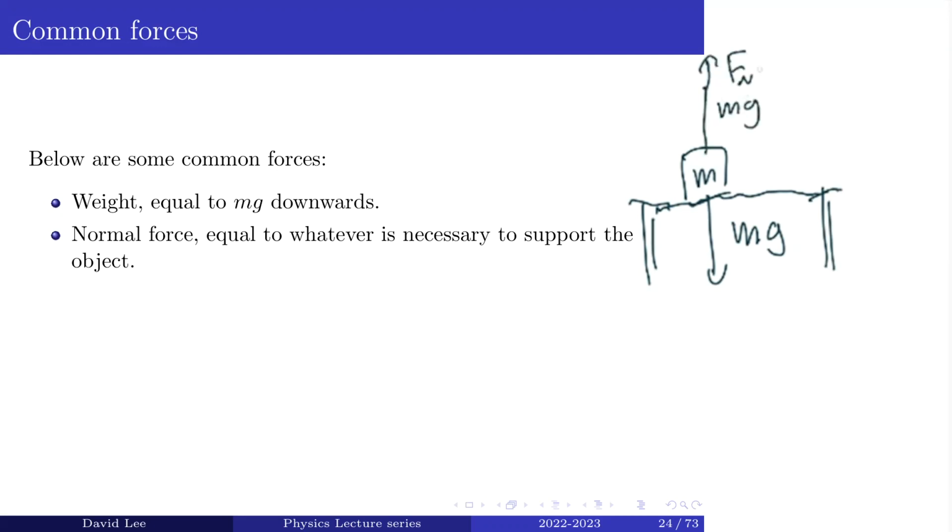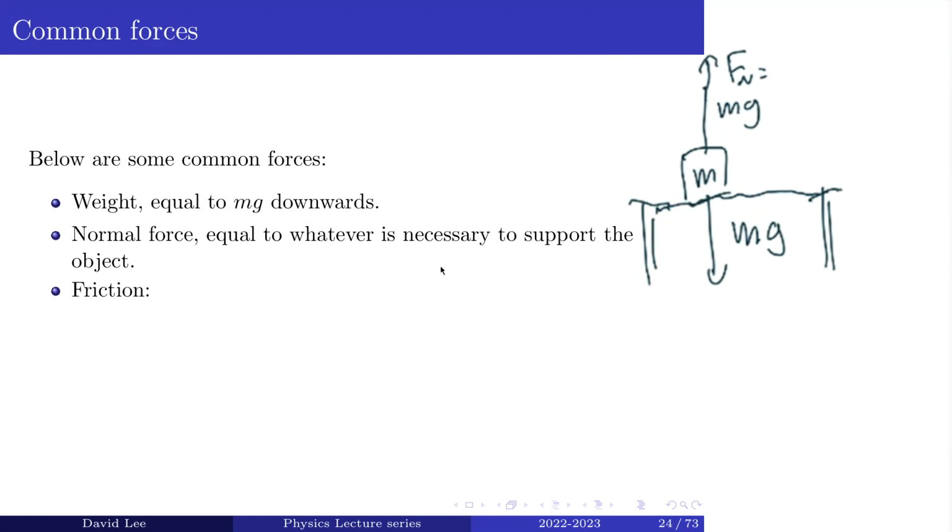And it has to be mg because otherwise the box will either fly off into space or sink through the table. So either of these cases don't really happen. So we know that the normal force has to be equal to mg in order to balance out the gravitational force.